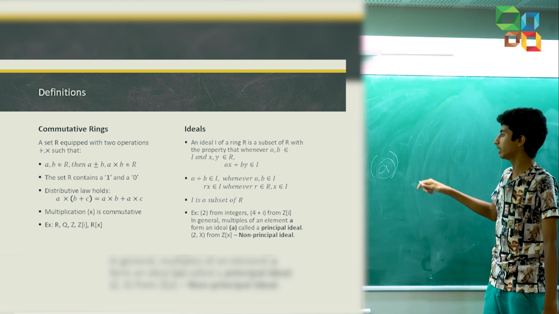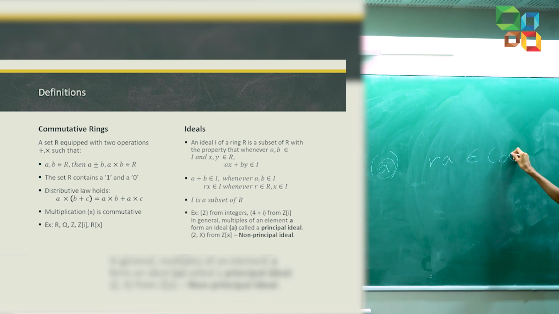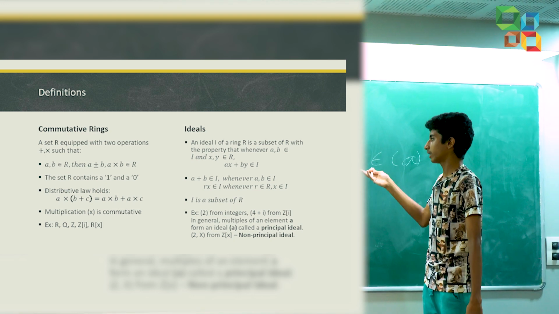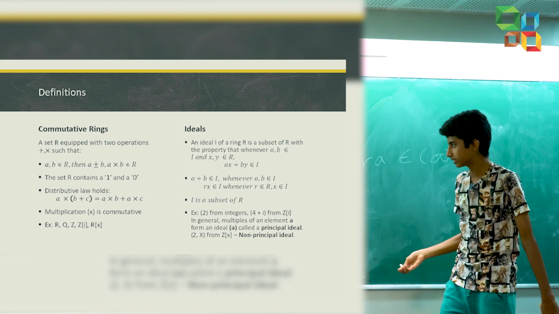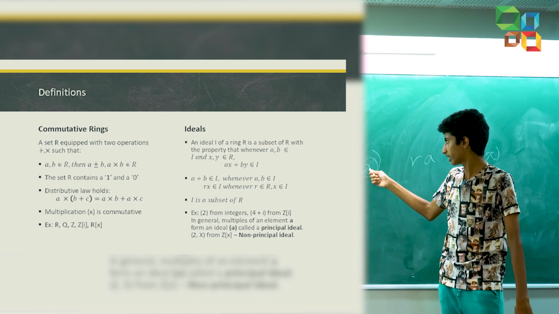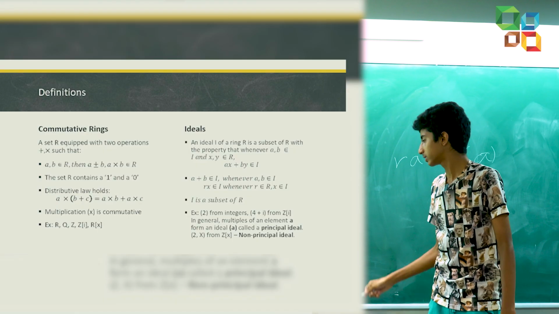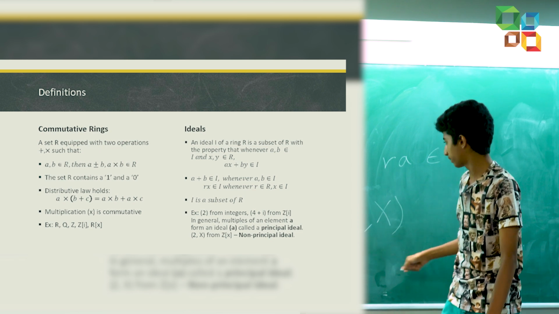Now the ideal (a), meaning r times a belongs to (a) for all r, that is all multiples, and then the sum of any two elements. So those ideals which have only one generator, one single number inside these brackets, are called principal ideals. So (2) and (4 plus i) are principal ideals, but (2, x), I am giving as an example of a non-principal ideal.